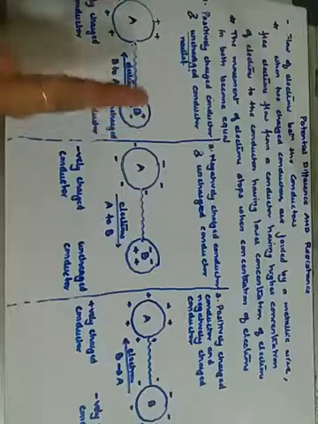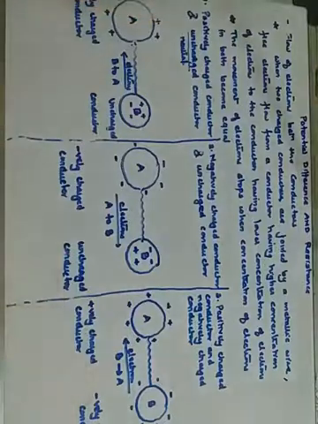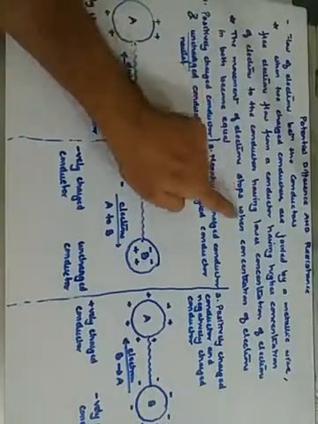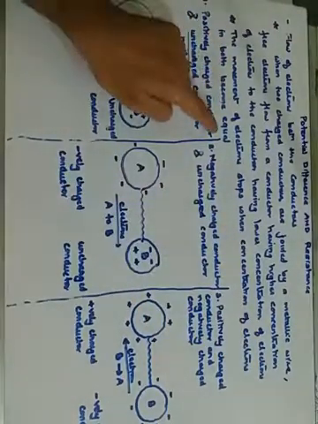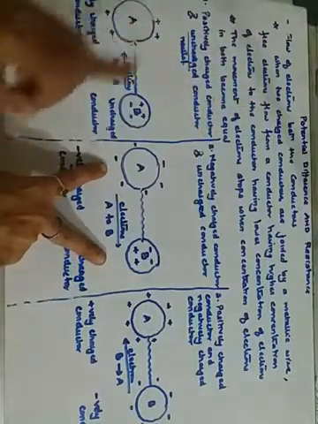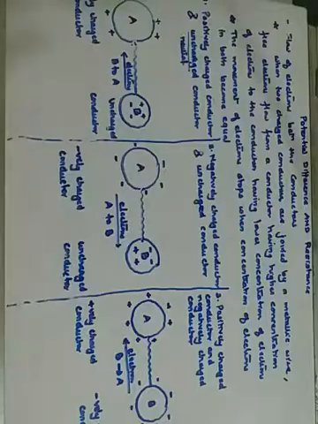When the concentration becomes equal on both sides, the flow of electrons stops. इसके लिए लिखा है the movement of electrons stops when the concentration of electrons in both become equal. Understood this much? Okay?